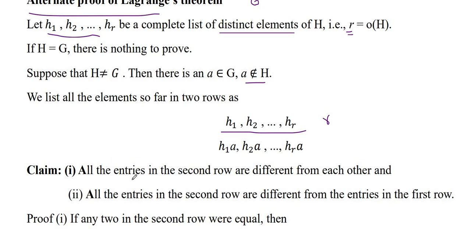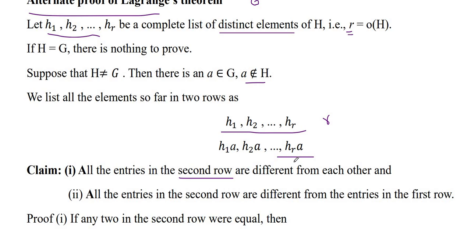We claim that all the entries in the second row are different from each other. These are all distinct. And all the entries in the second row are different from the entries in the first row. There is no common element in these 2. These are distinct, already known. These are distinct claimed here, and these are different from these elements.